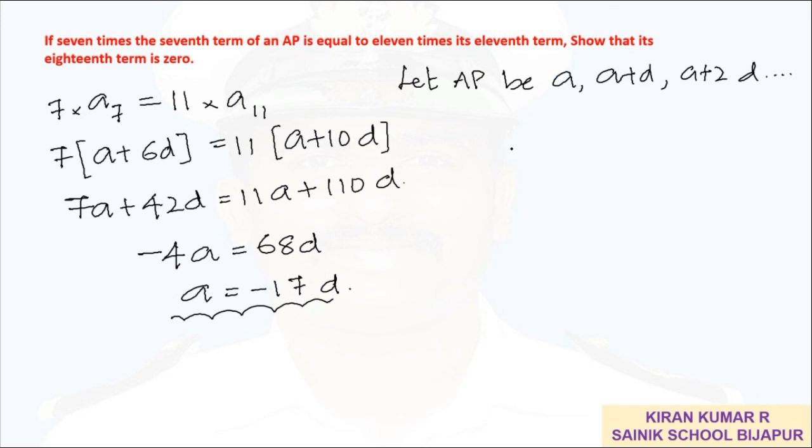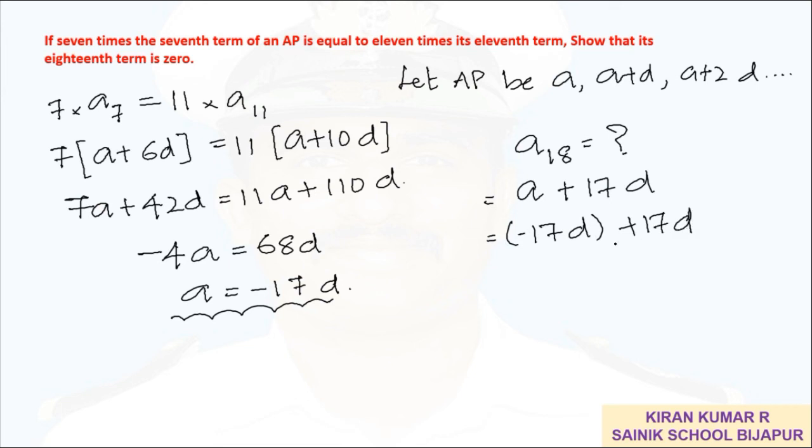Now they have asked, show that 18th term is 0. Let me find out what is A18. A18 is nothing but A plus 17D. Now I know A value as negative 17D added to positive 17D. The sum becomes 0. So 18th term is 0.